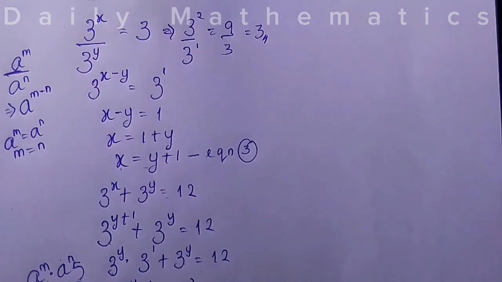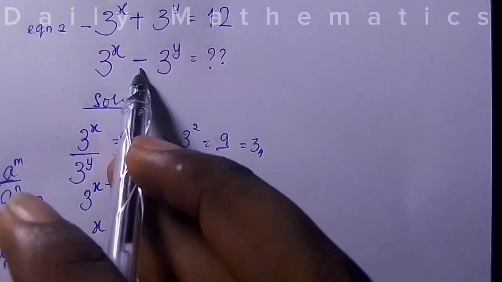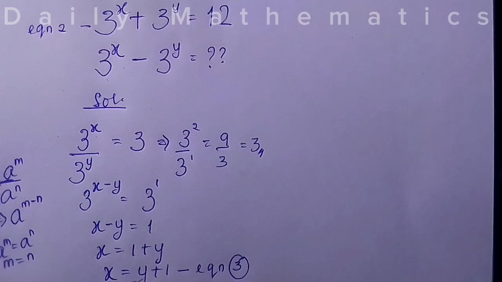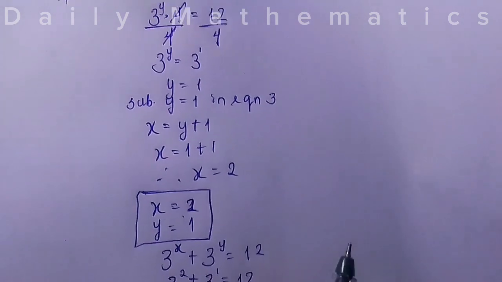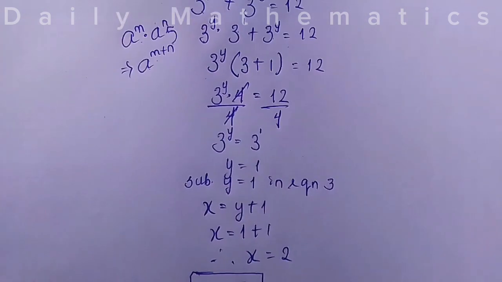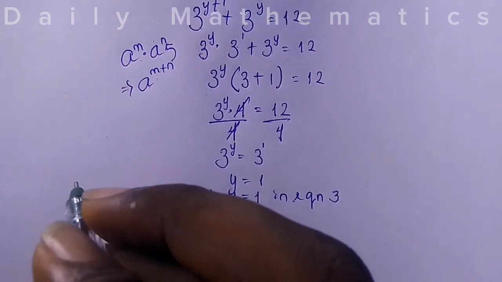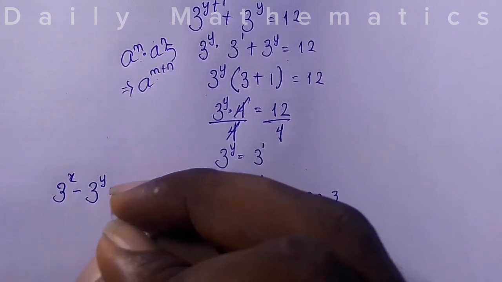Which takes us to our next exercise, which is finding 3 raised to the power of x minus 3 raised to the power of y. Right? So how do we find it? Let's come down here to check it out. Here, 3 raised to the power of x minus 3 raised to the power of y equals what?